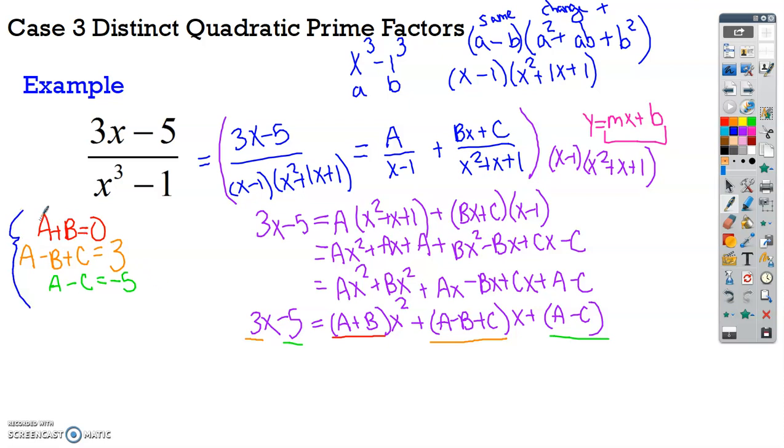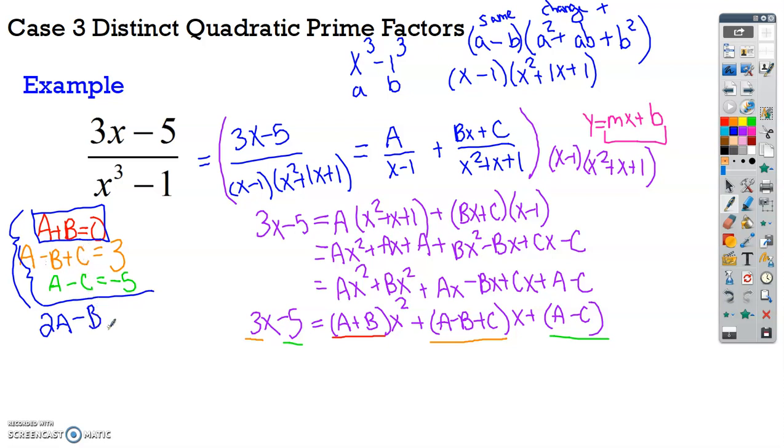So think back to the first section that we did, section 7.2, with our systems with 3 equations. This already just has an a and a b, so I'm going to keep that. And I'm going to use these 2 equations and eliminate c, because there's no c in the top one. So I'm just going to add straight down. So I have a plus a is 2a. Negative b plus nothing is negative b.